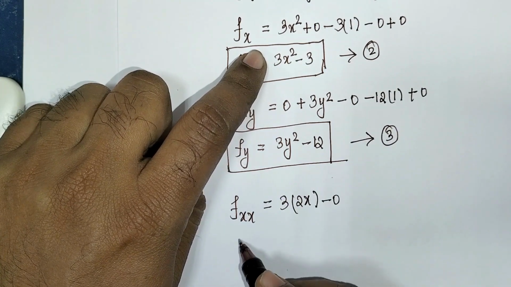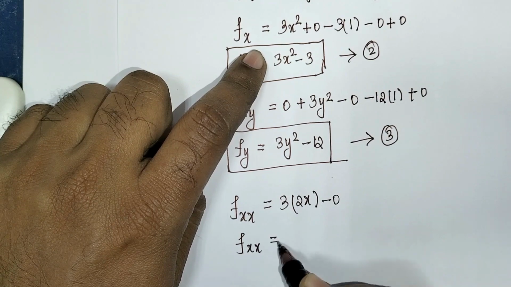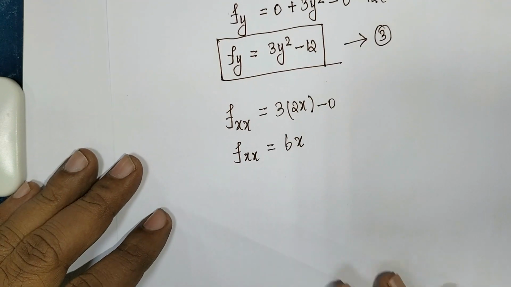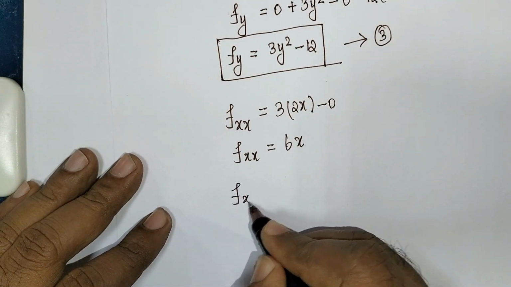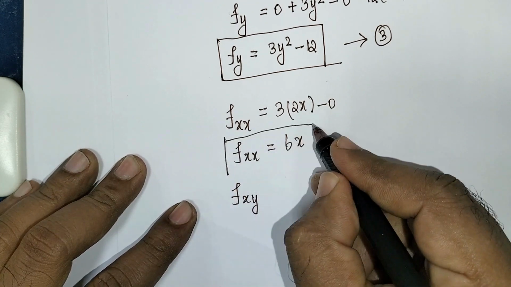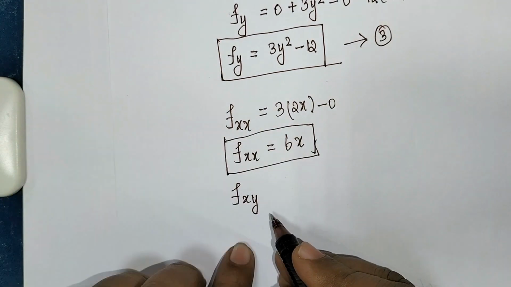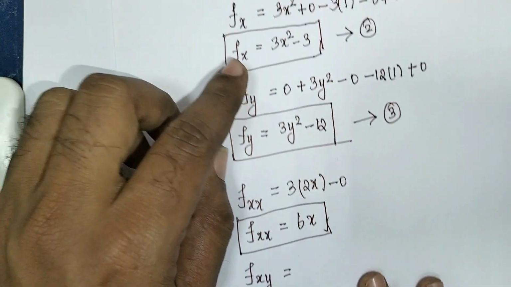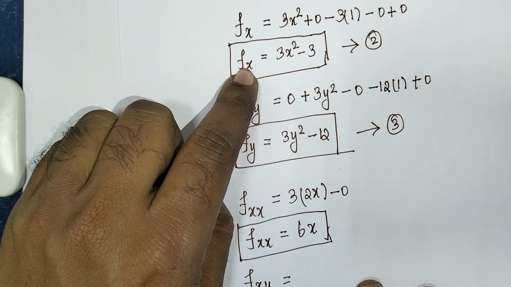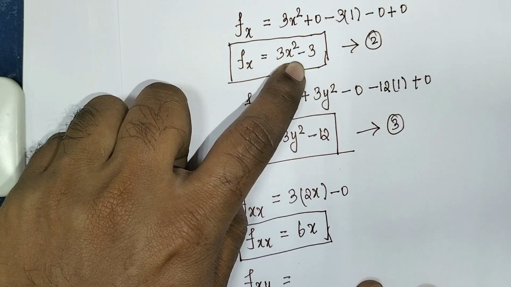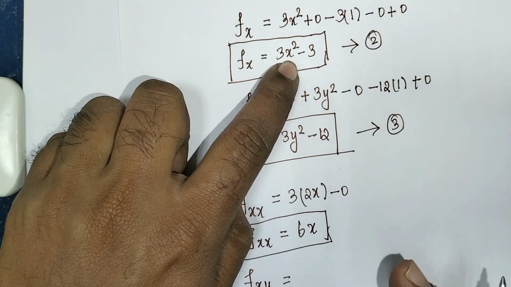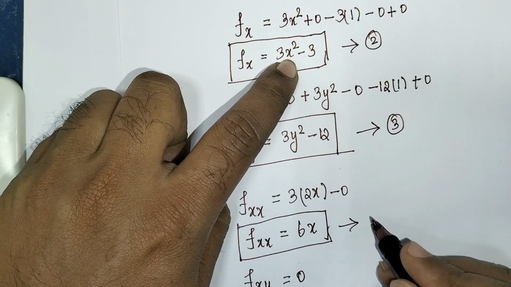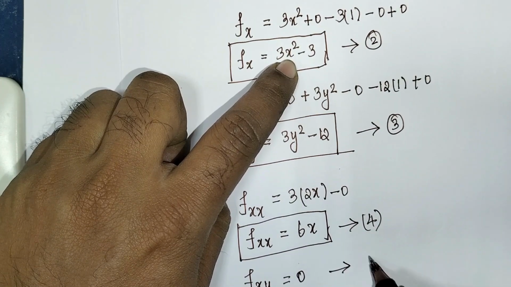So f double x equals 6x. Next I am going to find fxy. From equation 2, this fx term I partially differentiate with respect to y. Is there any y term in equation 2? There is no y term, so we cannot differentiate this term. Simply we can put 0, which is equation number 4, and this one equation number 5.